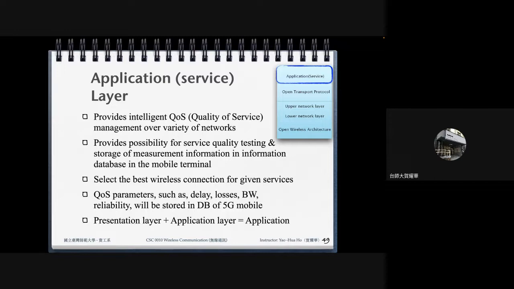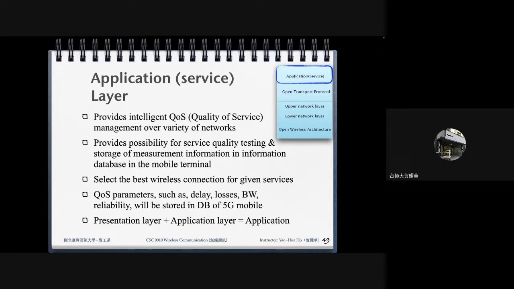For example, if you're downloading audio and video, you might use a Wi-Fi connection. But if you are making a phone call from one cell phone device to another, maybe the telephone network might be a better connection. So they may select different types of wireless connection for different services.